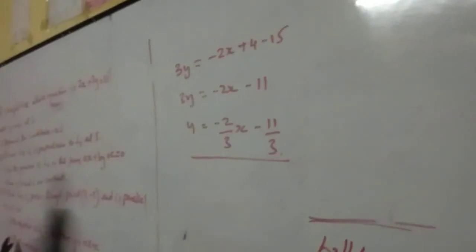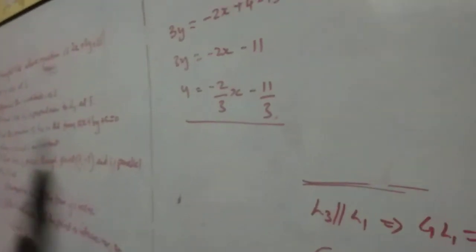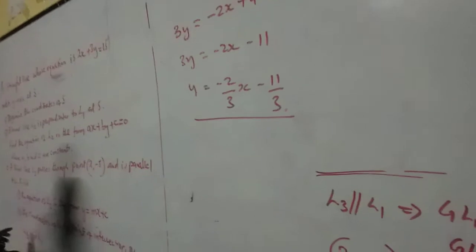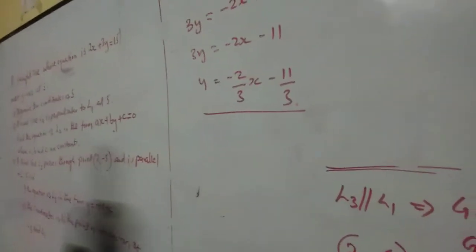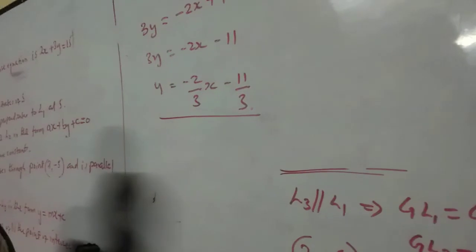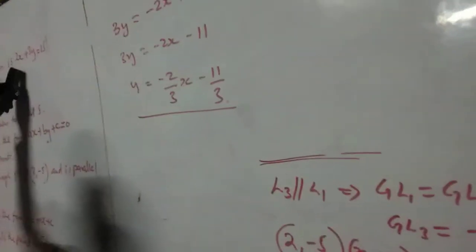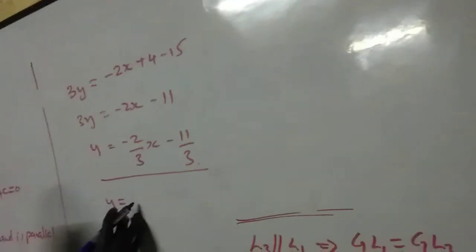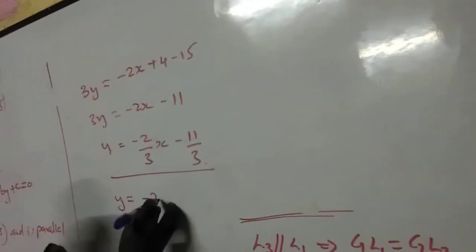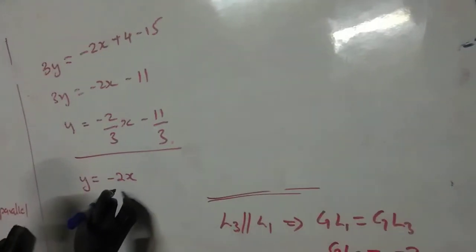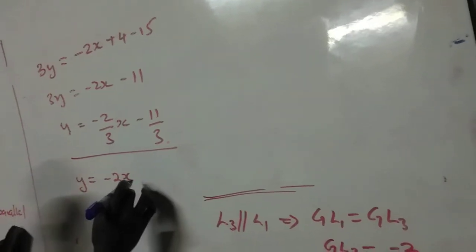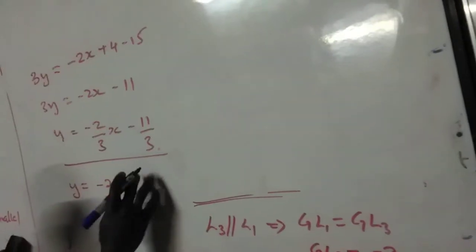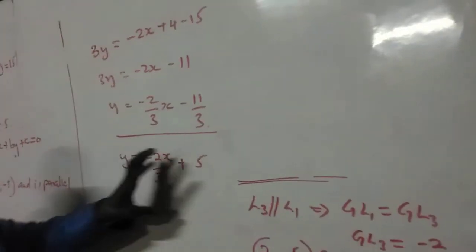Finally, the coordinates of N, the point of intersection of L3 and L1. The equation of L1 was y is equal to negative 2x over 3 plus 5. So this was the equation of the line L1.